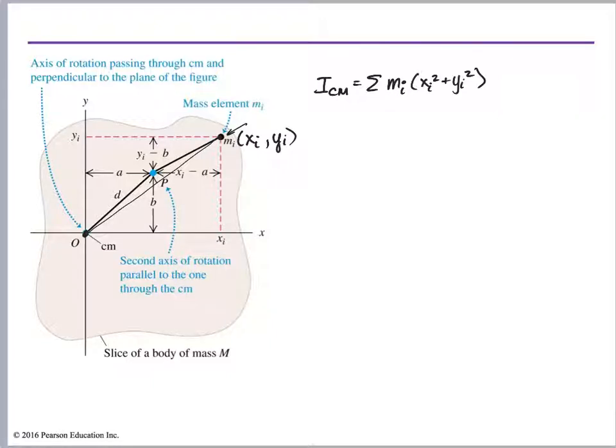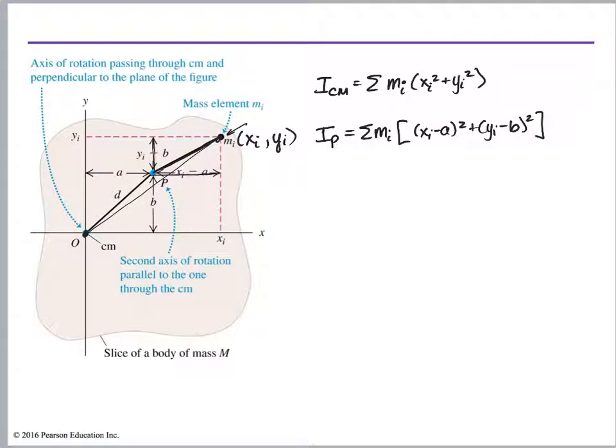And so that's how we would write the moment of inertia about the center of mass. Now, if I wanted to find the moment of inertia about point P, right here, notice that the distance away from m sub i, from here, this would be this radius. And again, we can use the Pythagorean theorem to figure out what that is, because the x distance would be x sub i minus a squared, and then this would be the y distance y sub i minus b squared.